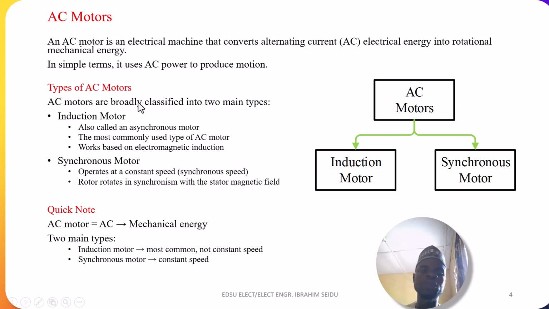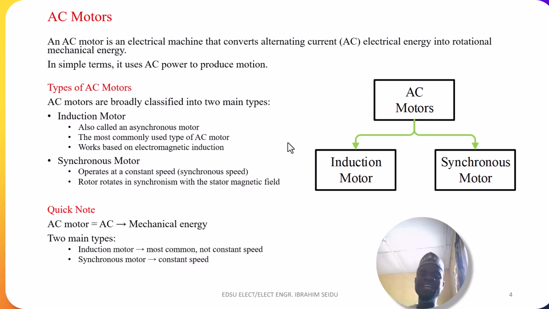Now we have the types of AC motors. An AC motor is either an induction motor or a synchronous motor. An induction motor is also known as an asynchronous motor. It is called asynchronous because it has a slip.